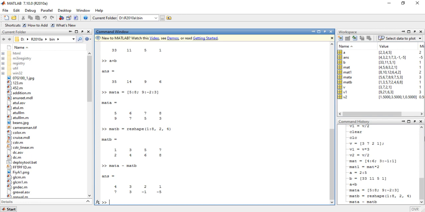However, for any operation that is based on multiplication, a dot must be placed in front of the operator for array operations. For example, let us take the same vector v equals 3, 7, 2, 1.